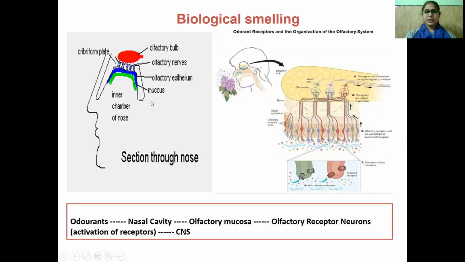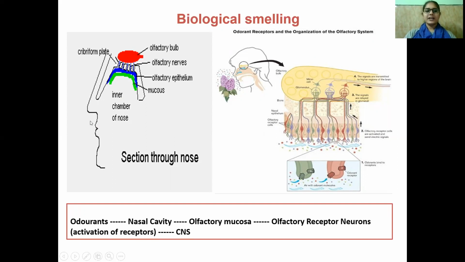In this figure, you can see a biological nose in which there is a cribriform plate and a mucus layer. Over that, there is the olfactory epithelium, the olfactory nerve, and the olfactory bulb.